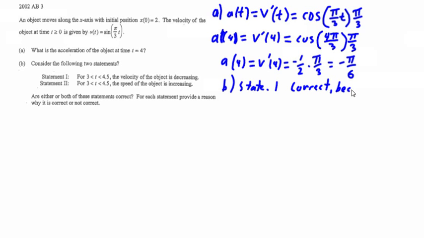Because a of t, which equals v prime of t, is less than 0. Therefore, velocity is decreasing.